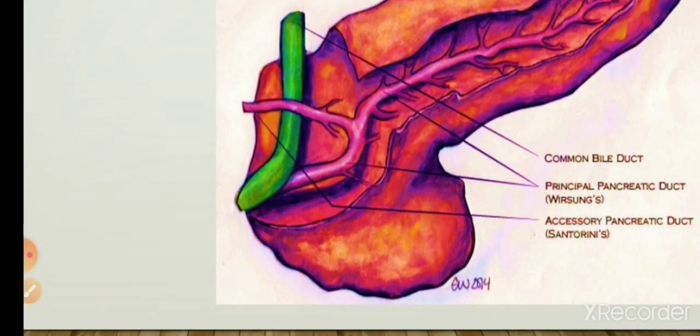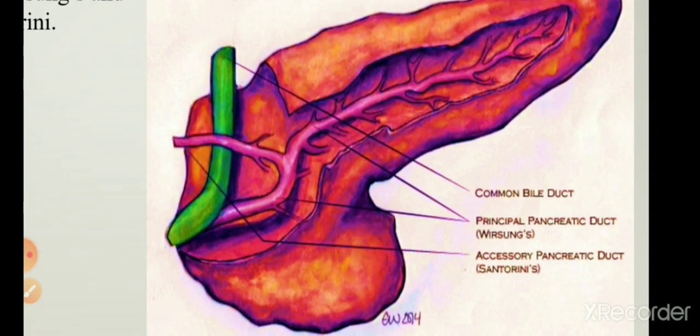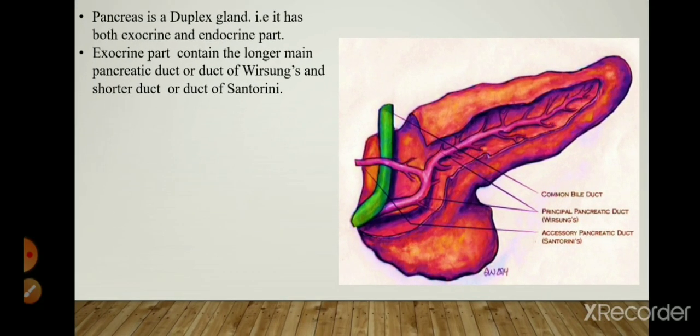It is also visible in this photograph. Santorini's duct is also called the accessory duct. Both the ducts combine to form the exocrine part of the pancreas.